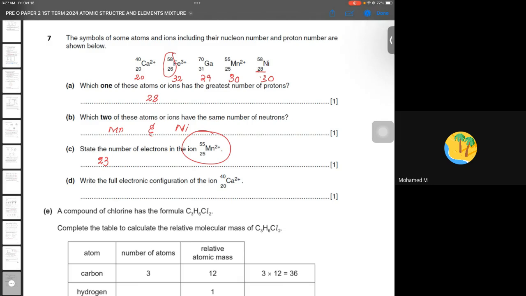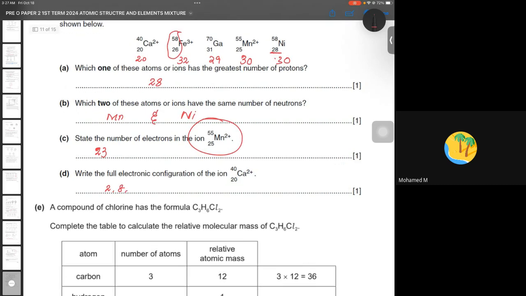State the full electronic configuration for the ion, that is calcium 2 plus. Write the full electronic configuration of the ion. It will be 2, 8, 8. Because with 2 plus, two electrons are taken away from the calcium.